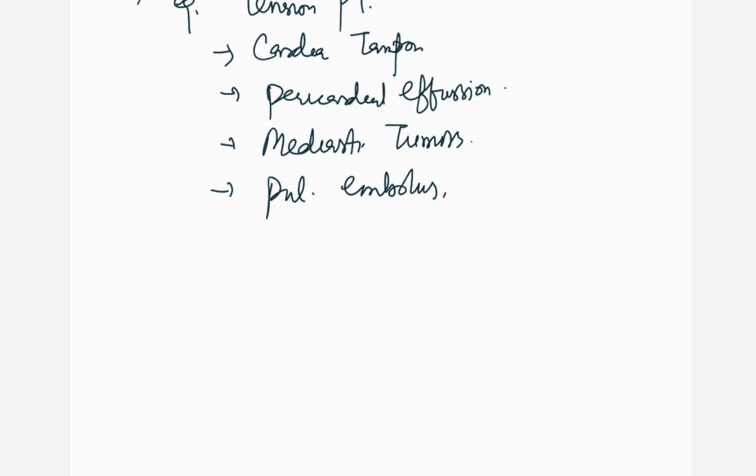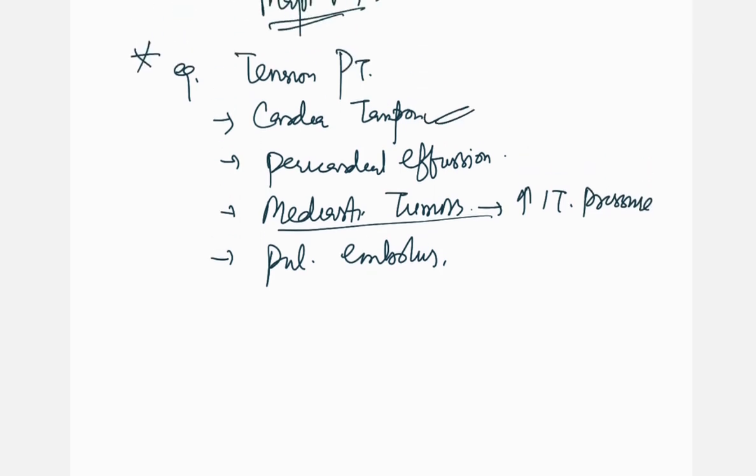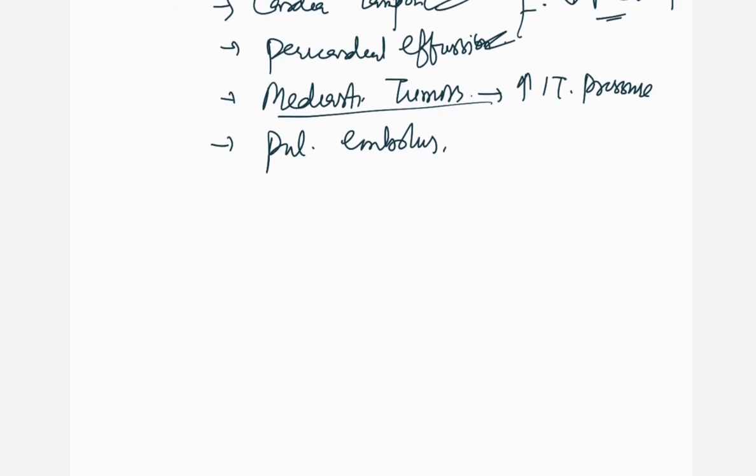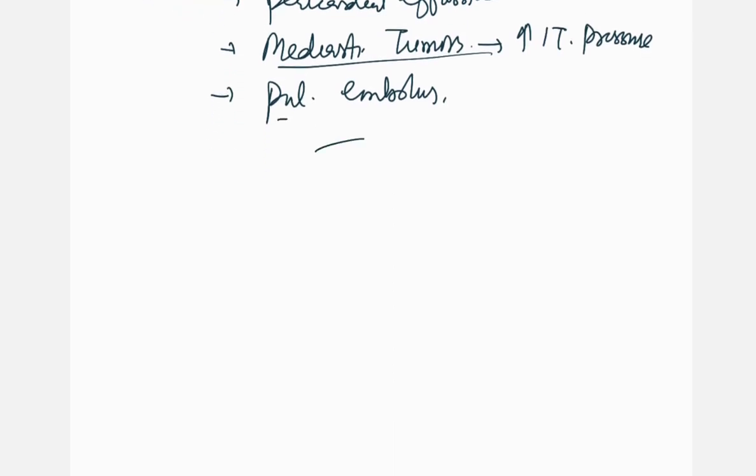Mediastinal tumors can increase intrathoracic pressure. Cardiac tamponade and even pericardial effusion can reduce the preload. These are some of the causes. Even pulmonary embolus causes severe obstruction in the flow of blood.